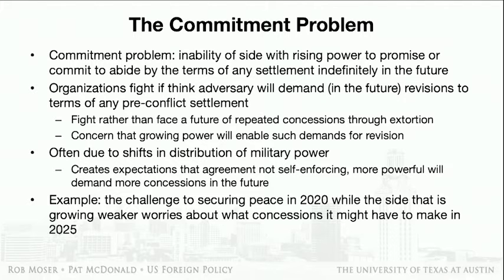Thus, they might make a deal in 2025 over some distribution of territory and then ask for more territorial concessions in the year 2030. The side that is growing stronger can probably extract these concessions in 2030 because they will have a greater likelihood of defeating their adversary in the war then. Right? This shows up as a favorable shift in the distribution of military power.